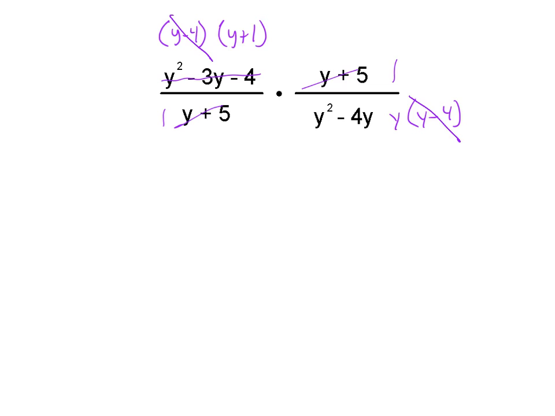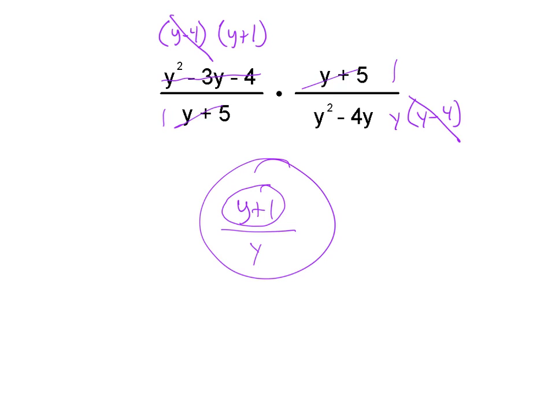So notice what we have left. Not much at all. On the top we have y plus 1 times 1, so we just have y plus 1 up here. And on the bottom we just have 1 times y. And then we can't divide down anymore because this is a monomial chunk, so we can't divide out a y in this last section. There's our final answer, y plus 1 over y.